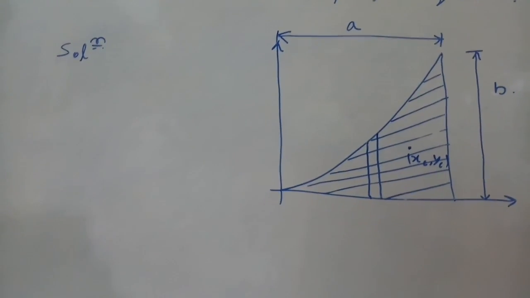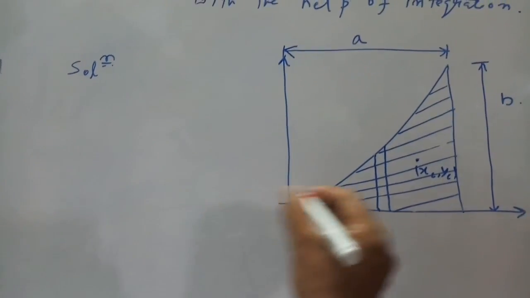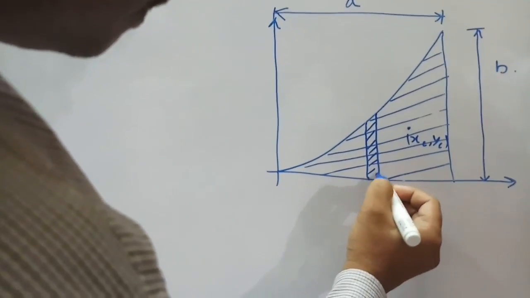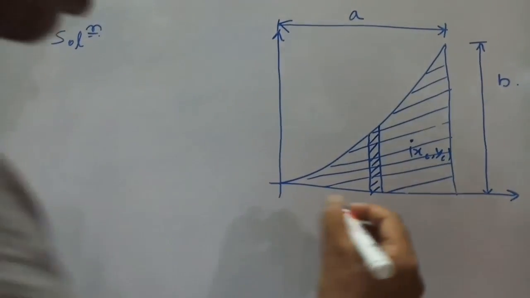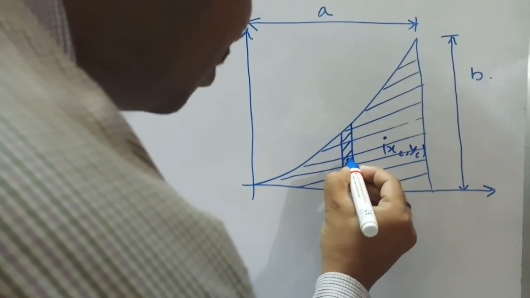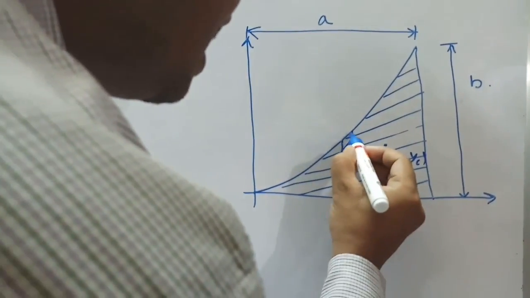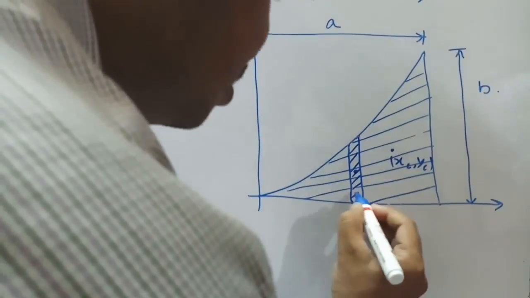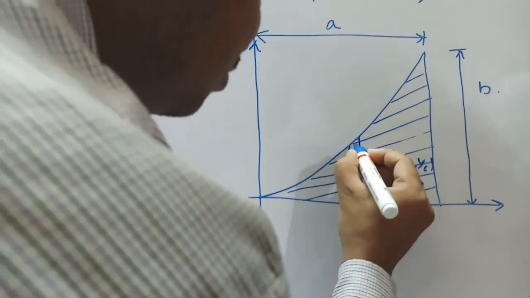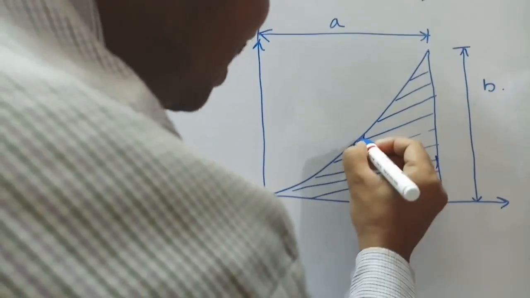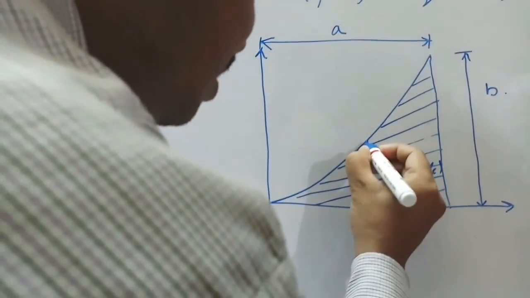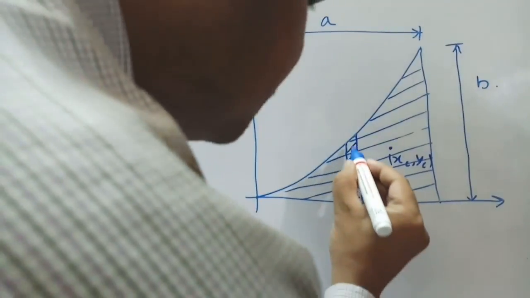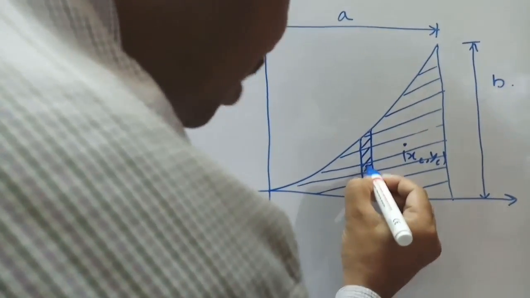First we find the centroid of this strip. Because this is a very small strip, it is not really a curve but only a rectangle. So the centroid of this strip will be at the midpoint.